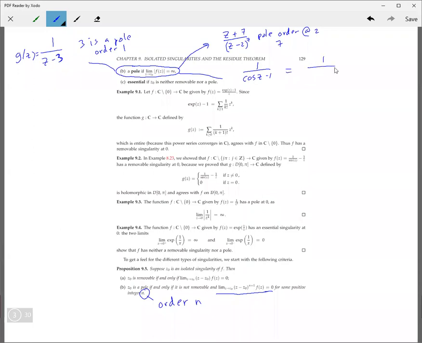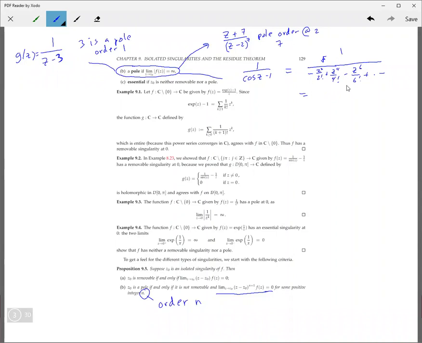Okay, because what happens there is if I factor this out, it's going to be the same as what we had before, where I'm going to have 1 minus z squared over 2 factorial plus z to the 4th over 4 factorial minus z to the 6th over 6 factorial, and so on. It's going to be like that, right?